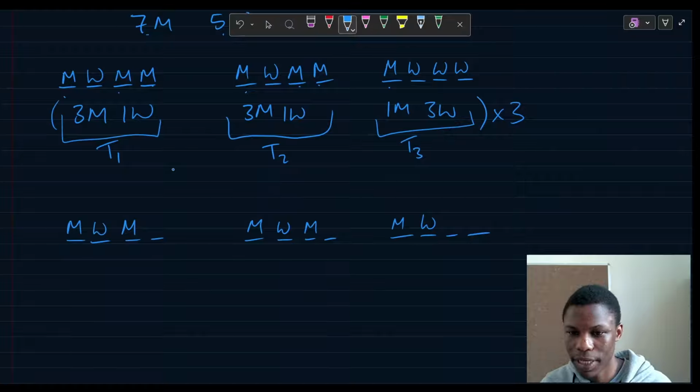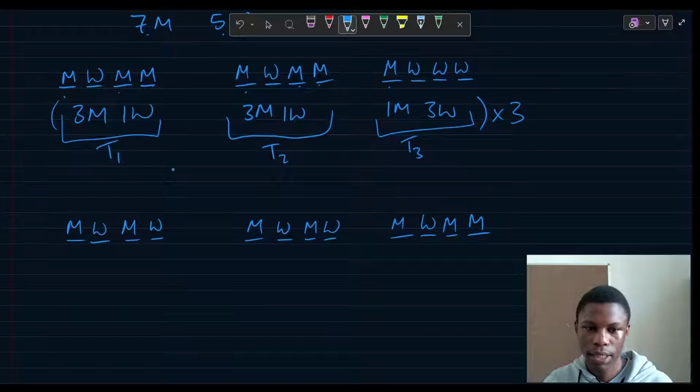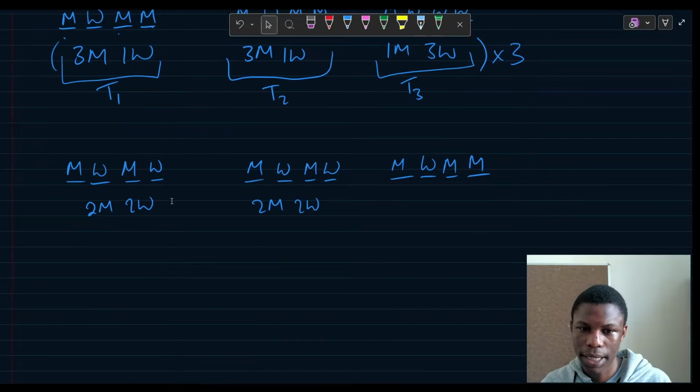I've got 5 men, so I need 2 more men to make 7. And so we have to fill the rest with W's. Okay, so this now becomes 2 men and 2 women. And this is 2 men and 2 women as well. And the last scenario is 3 men and 1 woman.